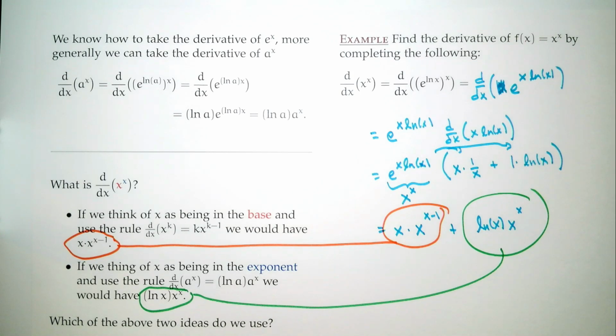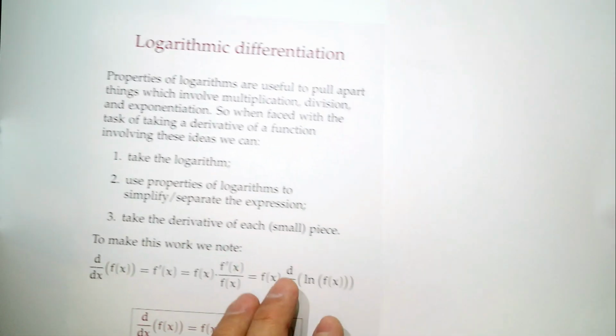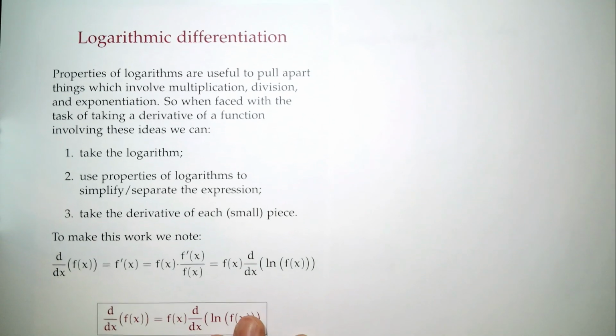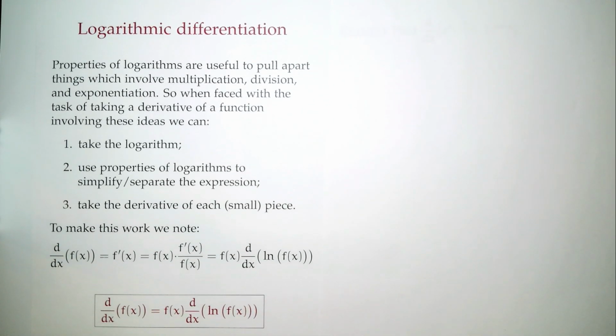All right. Well, what are some other things we can do? Now that we have the logarithm, we can do what's called logarithmic differentiation. Where logarithmic differentiation comes from is the idea that we can use logs to simplify complicated expressions.